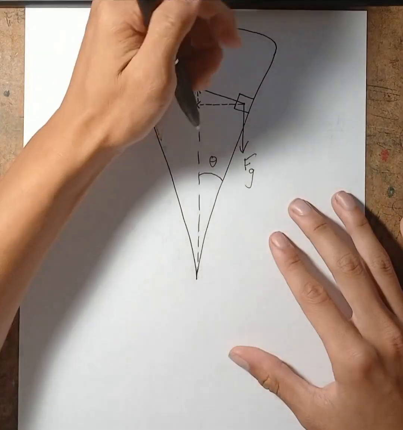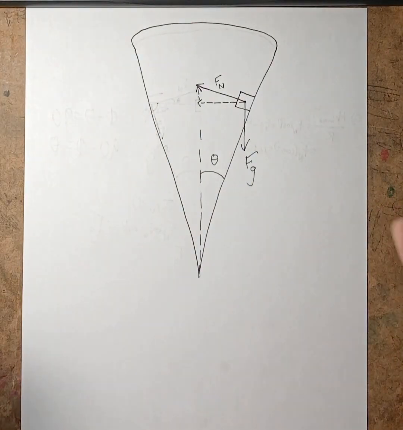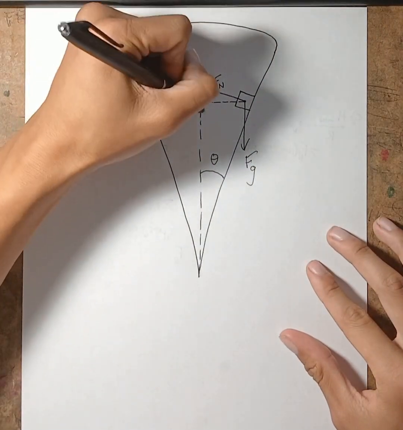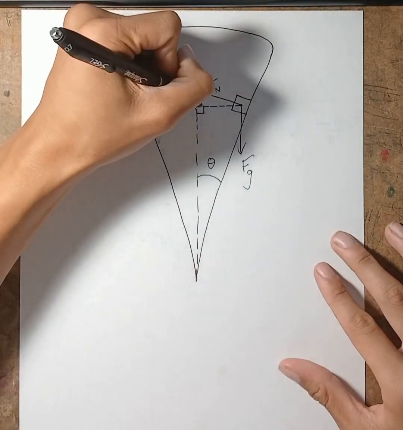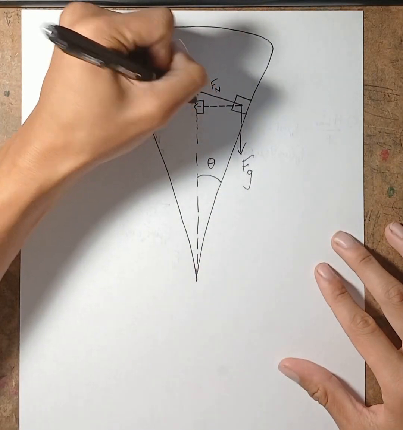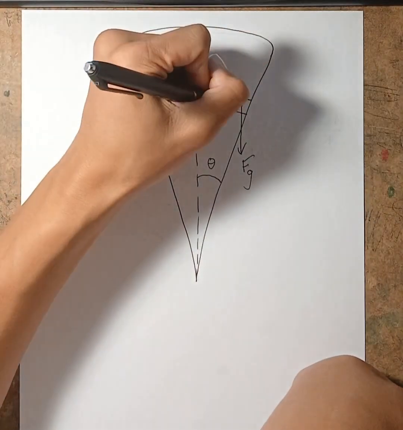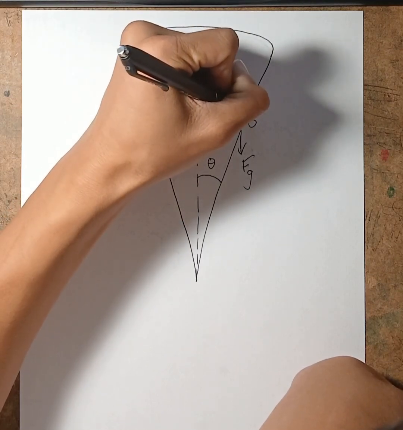So far, these are the only forces acting on the car before we introduce friction. Now, if we extend this line of that bottom triangle, we get a 90-degree angle here, and of course we get a right angle here as well on both of the triangles. Whatever this angle is, we'll call it phi.